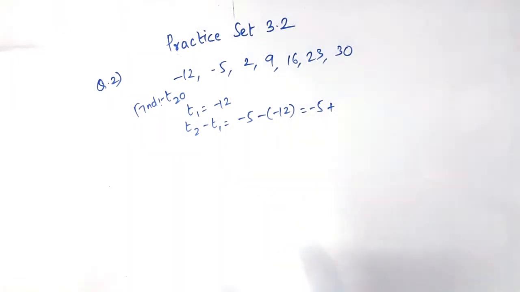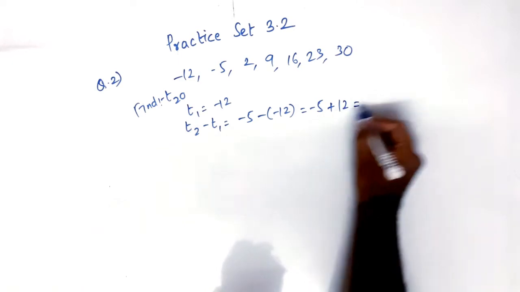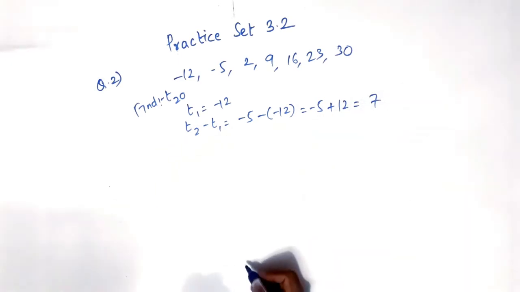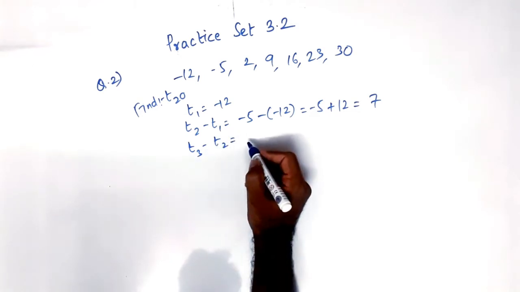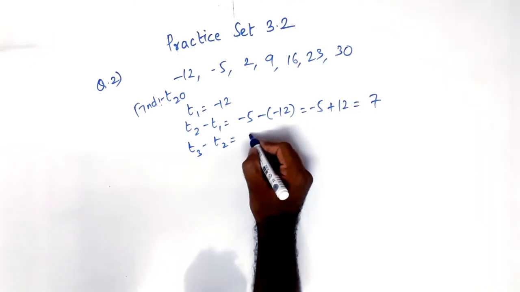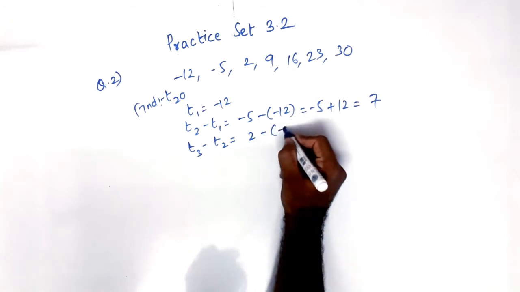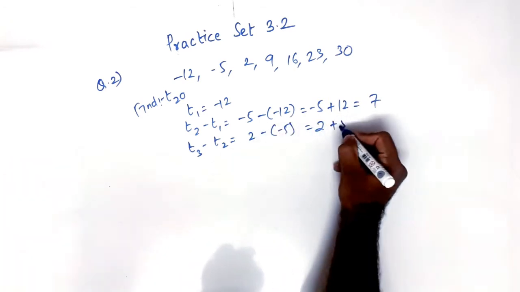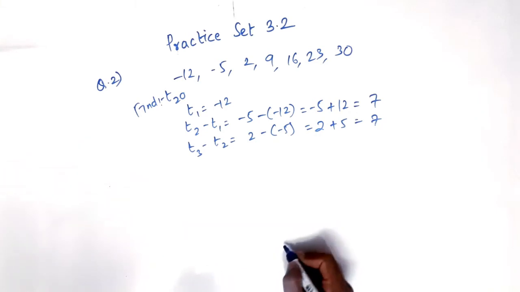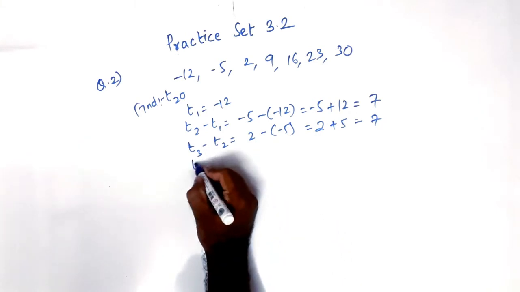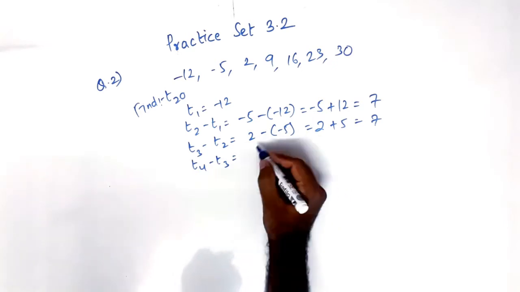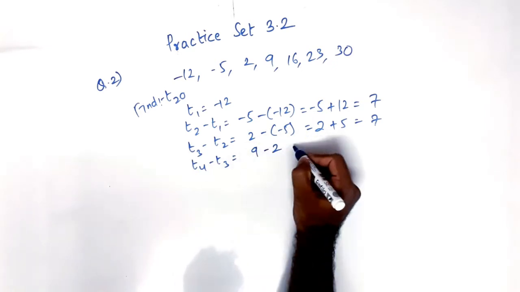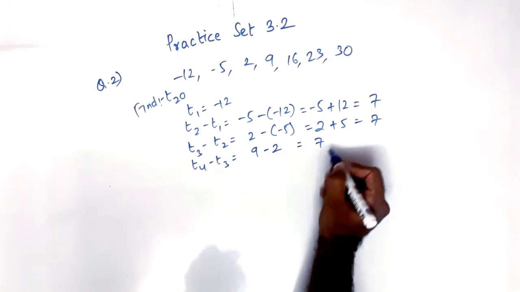So what is this? 7. Let us see T3 minus T2, that is 2 minus minus 5, so that is also 7. T4 minus T3 we will check and then we will finalize. 9 minus 2, so this is also 7.